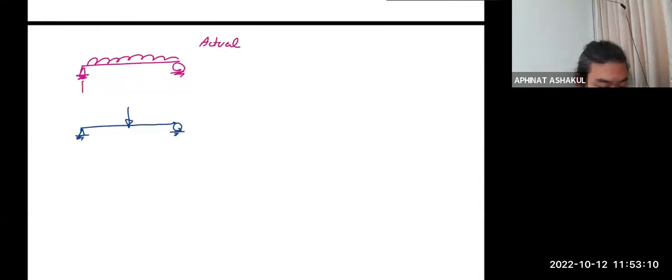And now we know the reaction here is equal to wL over 2. And when you cut the free body diagram here at any x location, let's say if I begin from x here, there will be two terms involved.